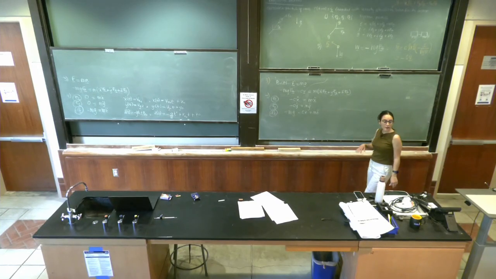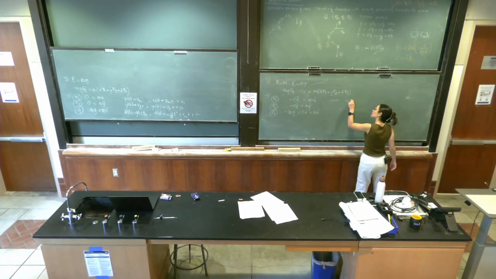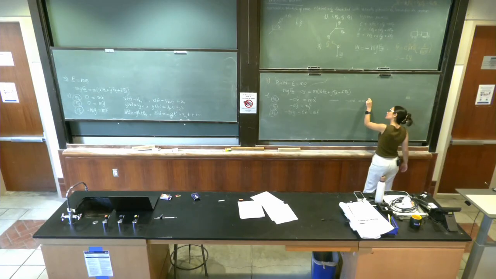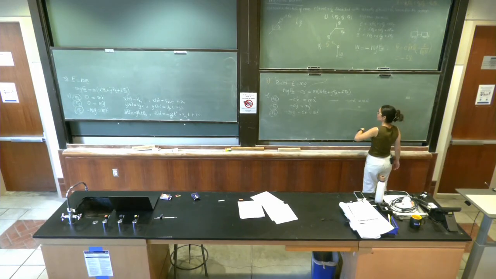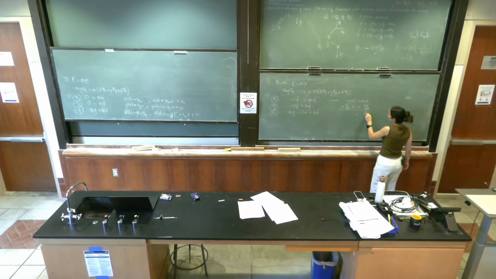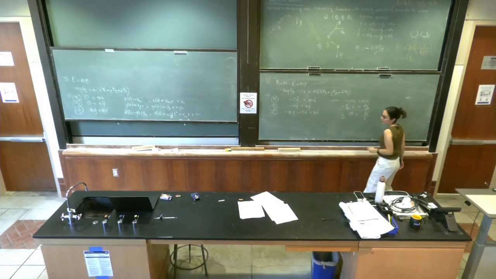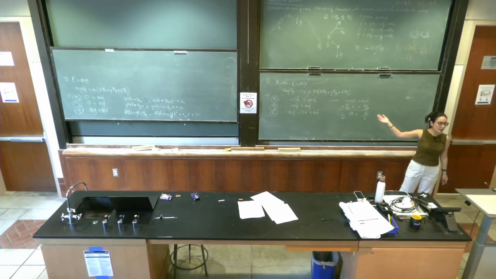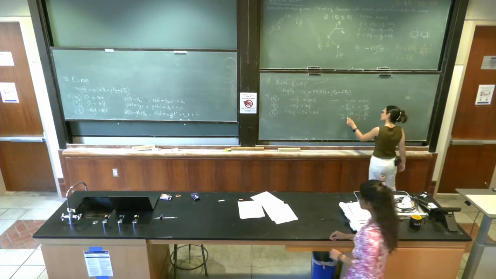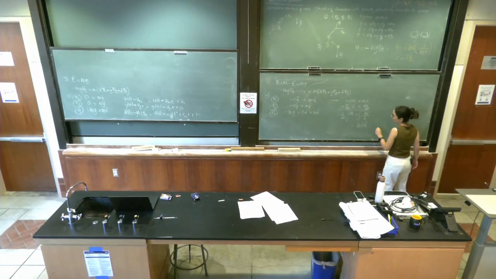Okay, and now I can solve these equations, and actually I can solve them by hand. So here, minus cx dot is equal to mx double dot. Minus c over m x dot. X double dot is dx dot by dt. So I can write this as dx dot over x dot equals minus c over m times dt, and I can integrate. What's the integral of dx dot over x dot? Ln absolute value of x dot.